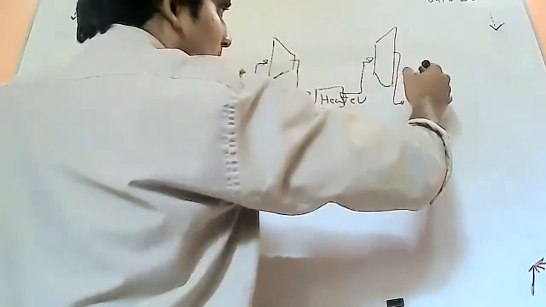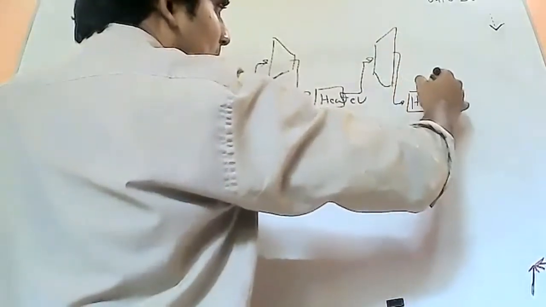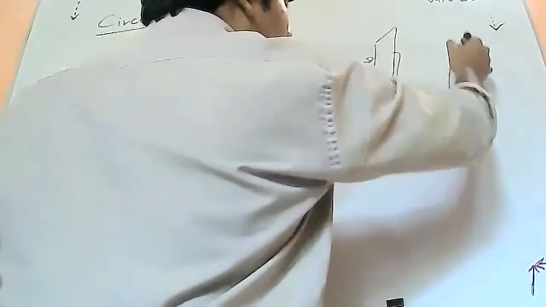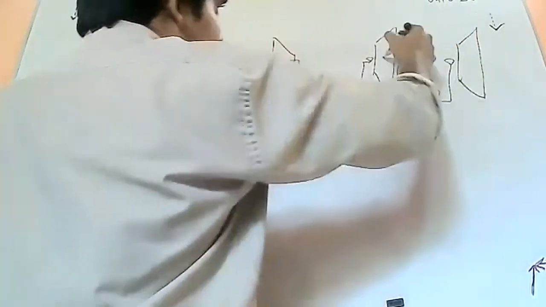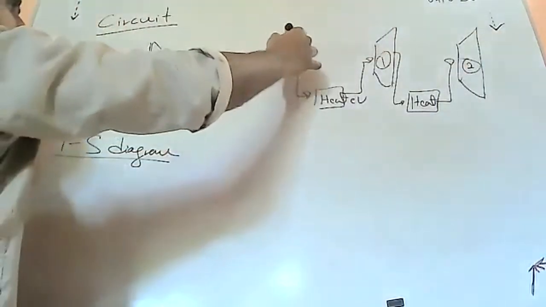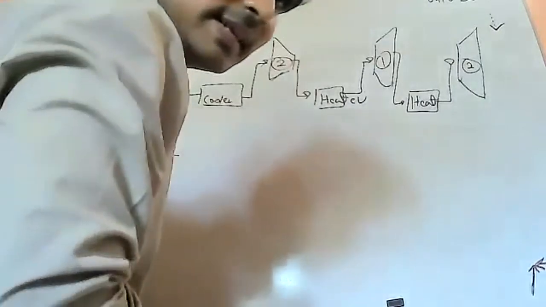Then that output we are going to heat again. Then it is given to the final turbine. First turbine, second turbine. First compressor, second compressor. So now that is the circuit.